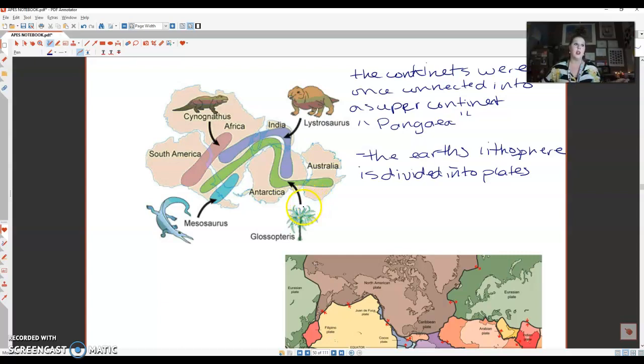That's why Pangaea is not Pangaea anymore. That's why we don't have one supercontinent anymore. It's because these plates are constantly moving. They're shifting apart. Okay? So the plates move due to what we call tectonic motion.